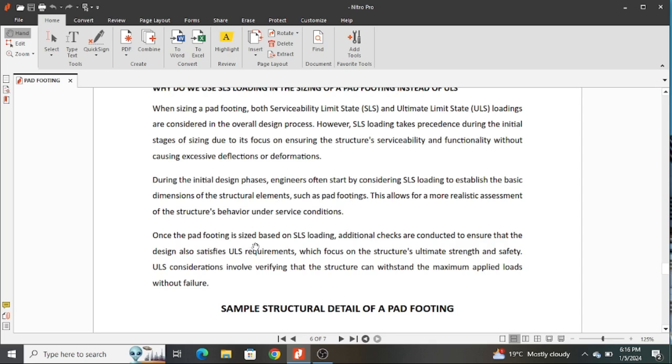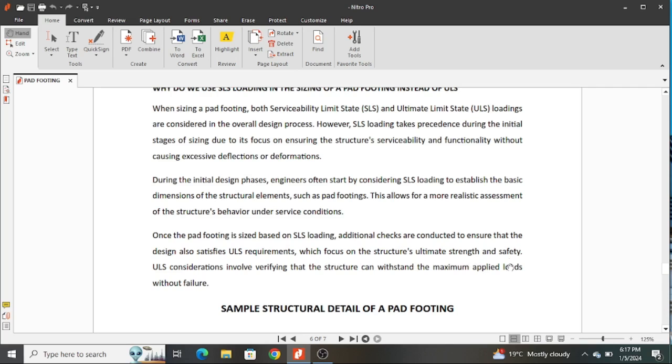Once the pad footing is sized based on SLS loading, additional checks are conducted to ensure that the design also satisfies the ULS requirements. And the ULS is what we use now to design for the moments and any tension that might be existing in our footing. And these requirements focus on the structure's ultimate strength and safety.